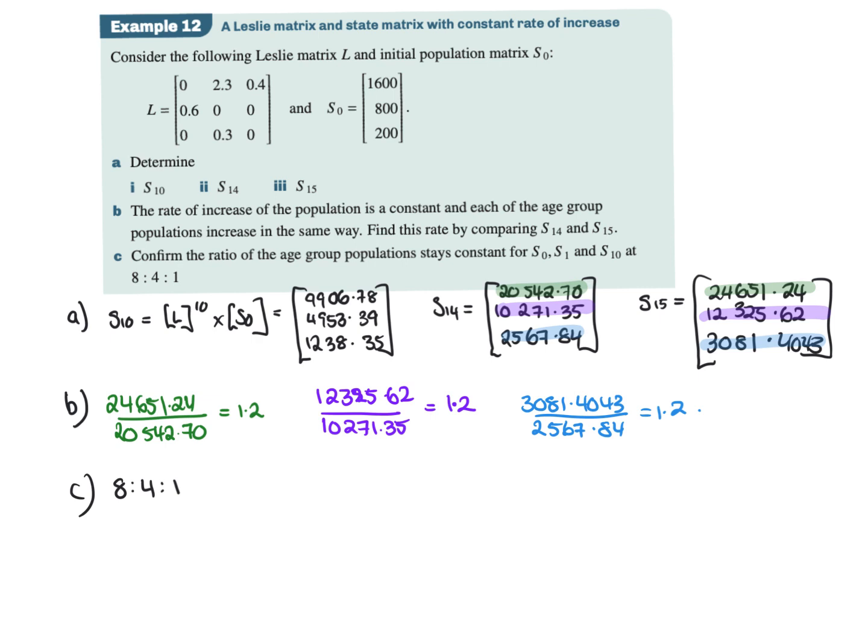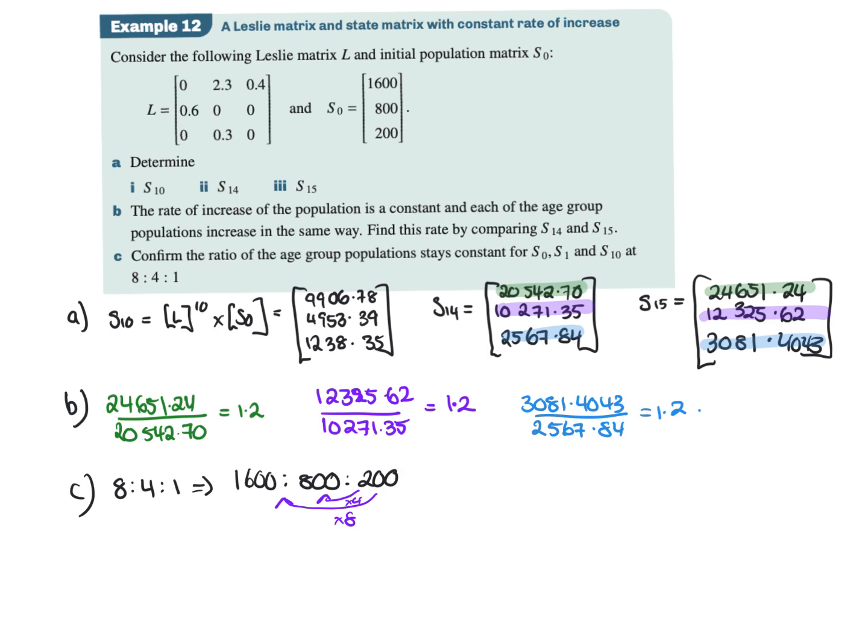If we look at S0, it was 1600 to 800 to 200. If you have a look at that, is that 8 times? And this one is times 4, so that's in the same ratio.